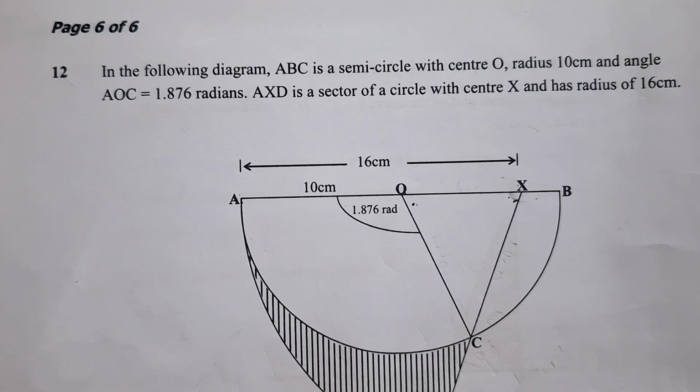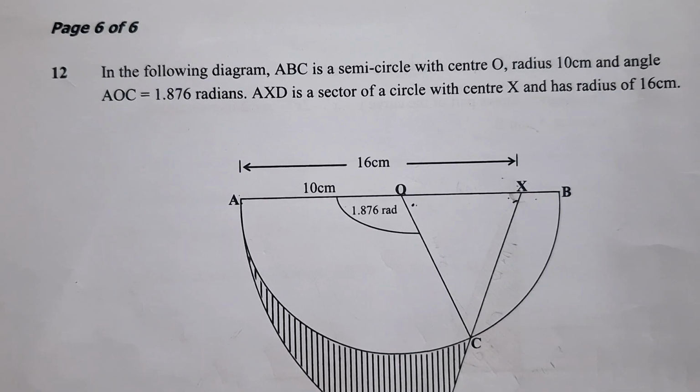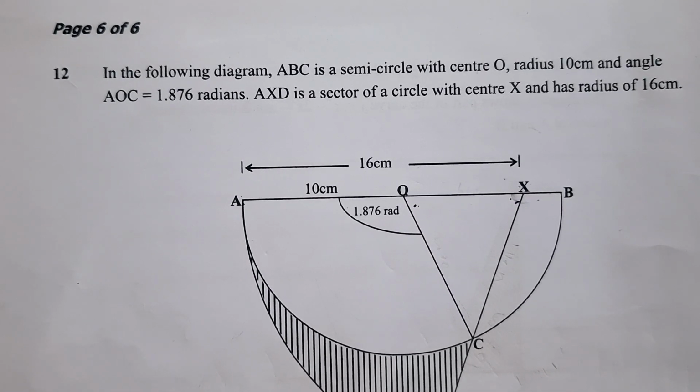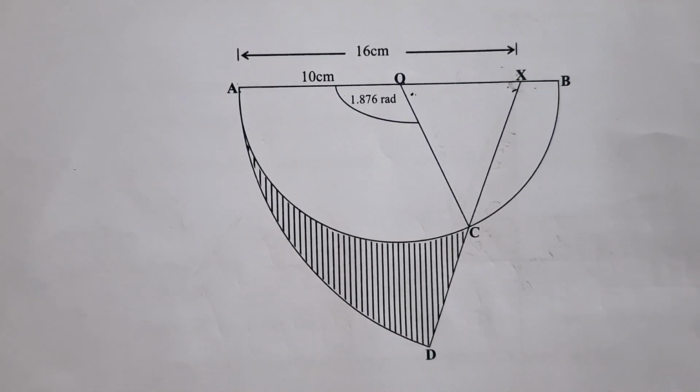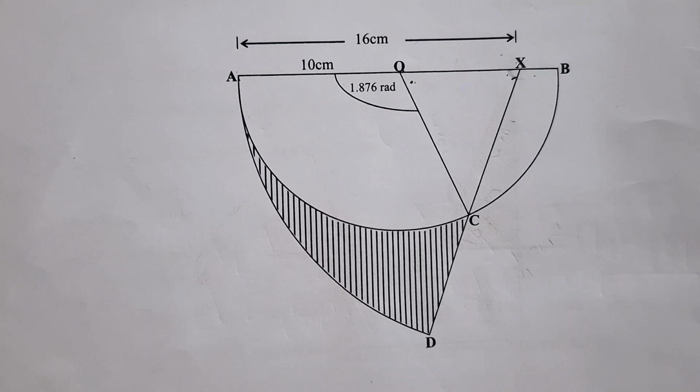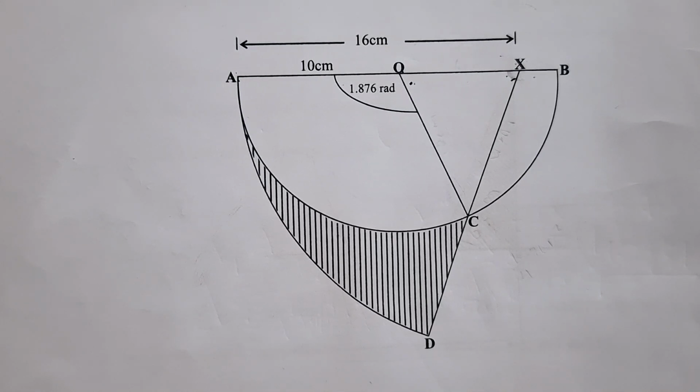AXD is a sector of a circle with center X and has radius of 16 centimeters. So let's start with the diagram. Let's look nicely at the diagram. This is the diagram that we have right over here, and it's a very good looking diagram.